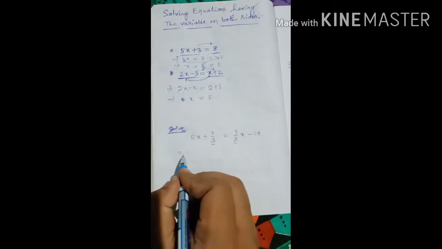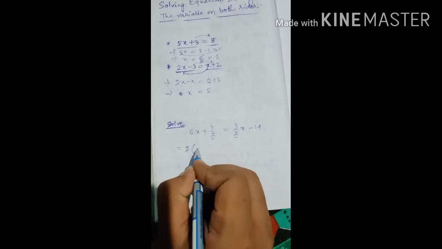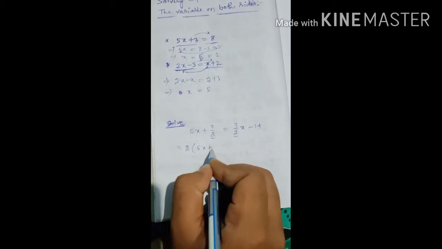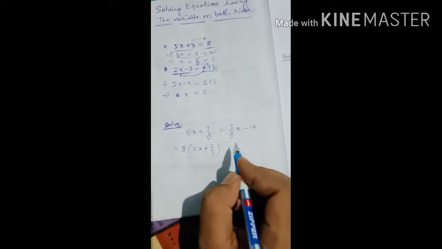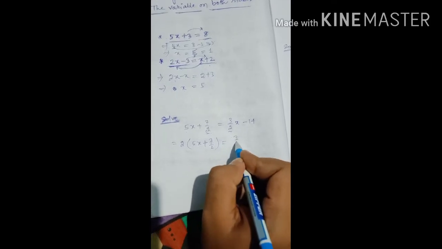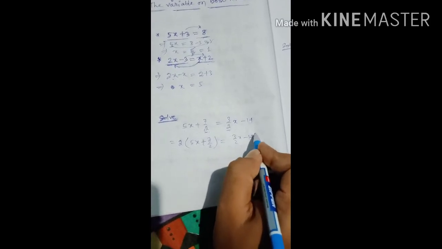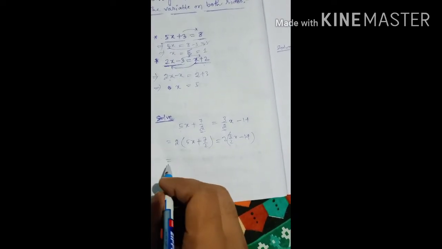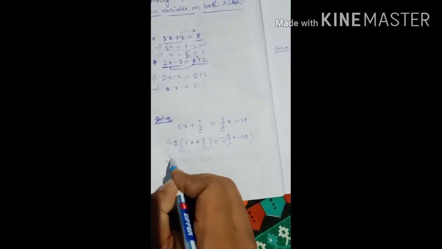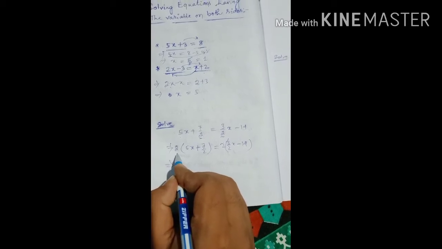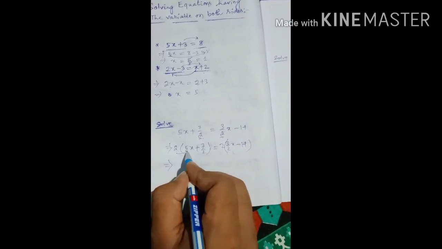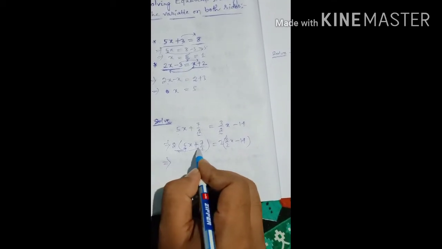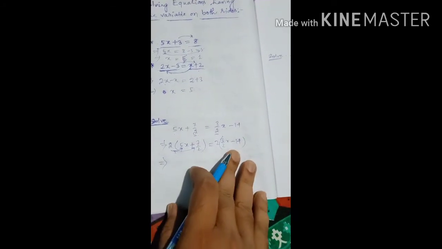So let's do. 2 into 5x plus 7 by 2 is equal to 3 by 2x minus 14 into 2 right now. In the next step what will happen? These 2s are multiplied with both the terms, that is with 5x and 7 by 2, as per the distributive property.